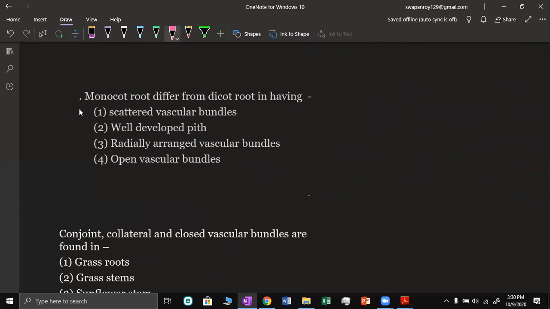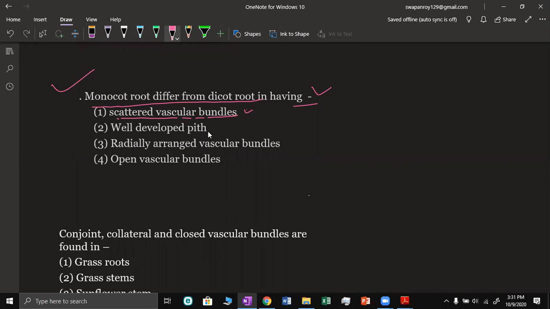Next question: the monocot root differs from the dicot root in having a scattered vascular bundle. This is a character of the monocot stem, not of the root.